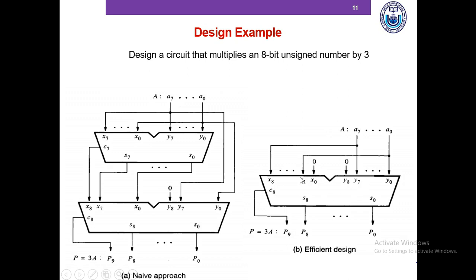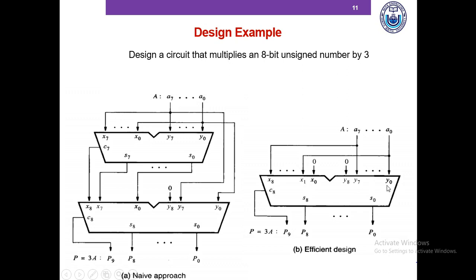So this is a 9-bit ripple carry adder. To implement this left shift, I have set the rightmost bit equal to 0 and input the other bits of the number A from x1 to x8.